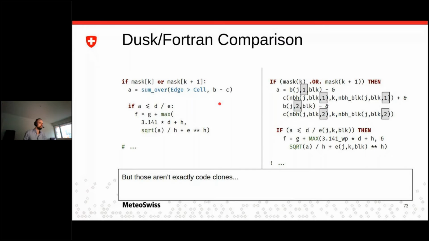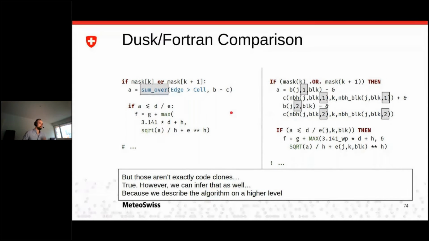However, you might say, well, those aren't code clones because they use different indices, right? They're the same expression, but we use different indices both times. However, that's true, but because we describe this algorithm or this stencil on a higher level, Dusk will be able to fill this in automatically as well.